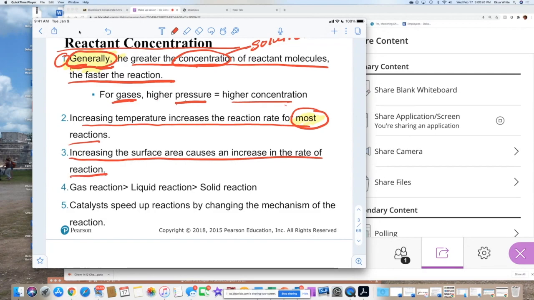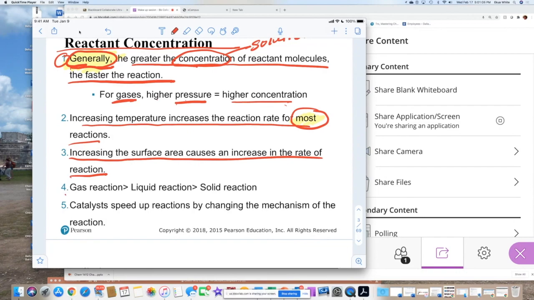If you increase the surface area, now the chemicals don't have to go from a chunk. As far as the chemical is concerned, the particle sizes decrease, so there's more contact for the reaction to take place. Contact is important in a chemical reaction. We'll see all that later on in the context of collision theory.